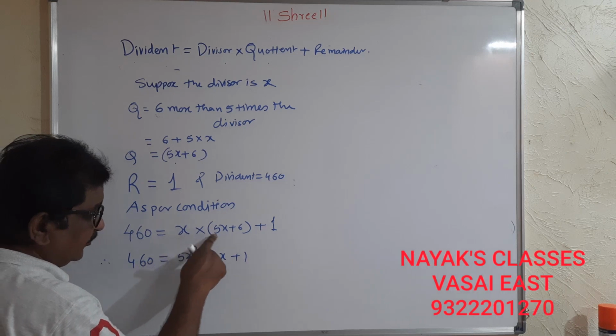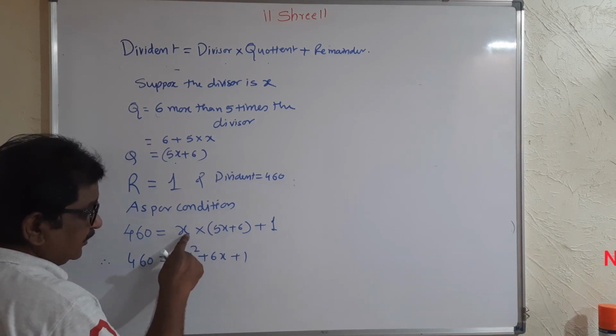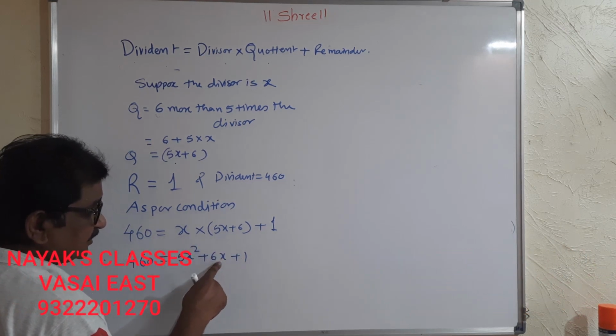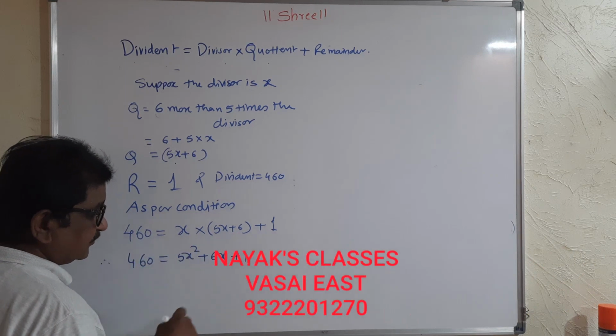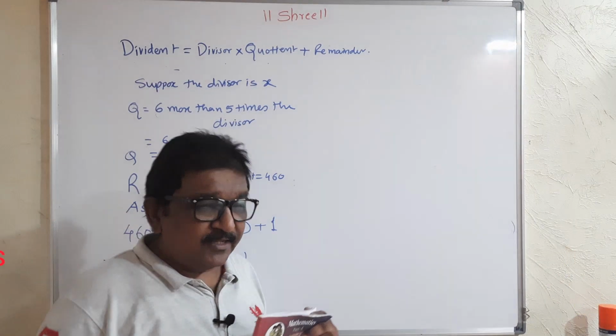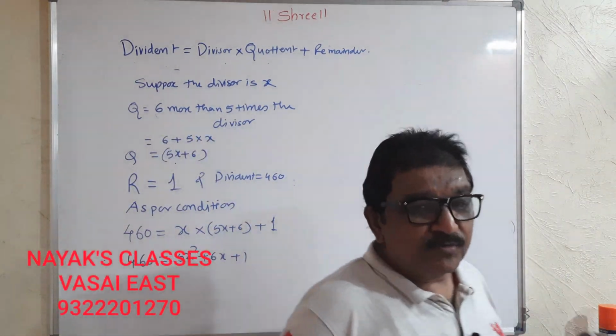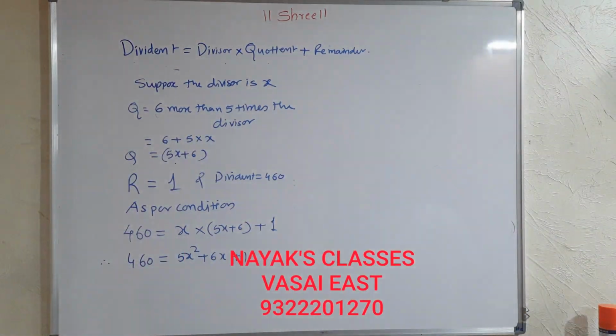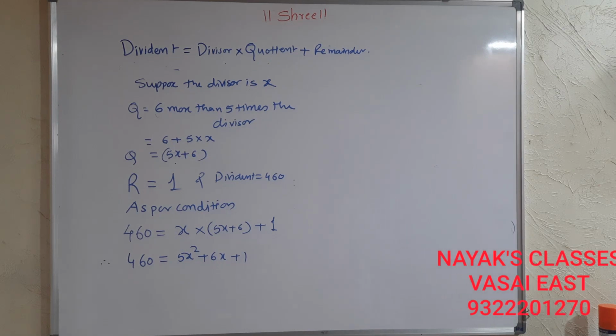Correct? 5 into x, 5x square, x into 6, 6x, plus 1 outside. This is the equation we have to solve.